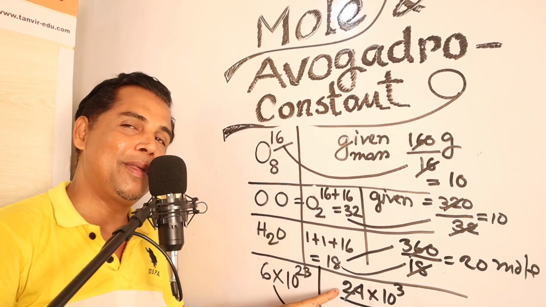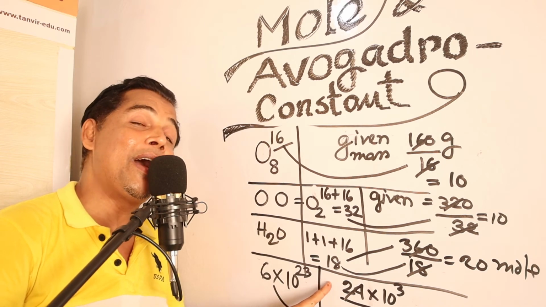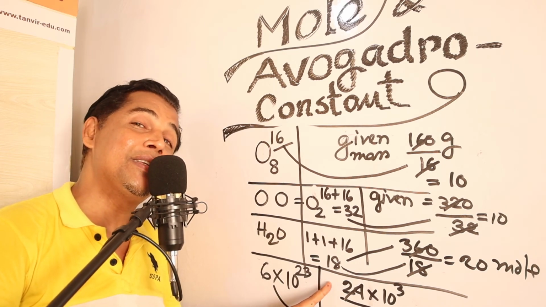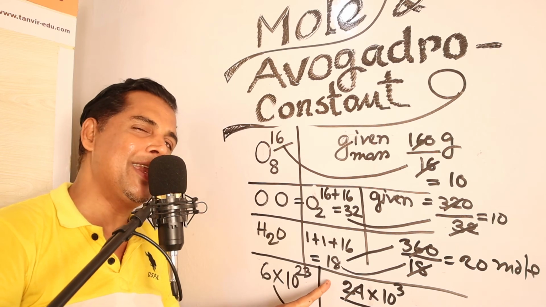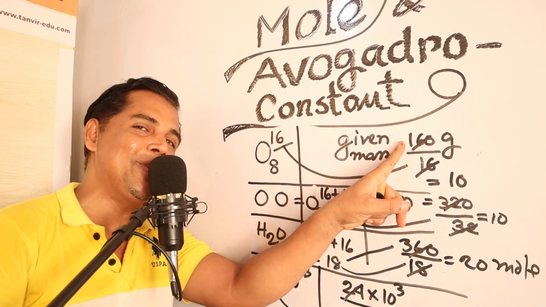Actually I have given a suitable 24 because with 6 and 24 the calculation is easy. But don't think that every time 24 will be given. Don't think that every time 160 will be given.